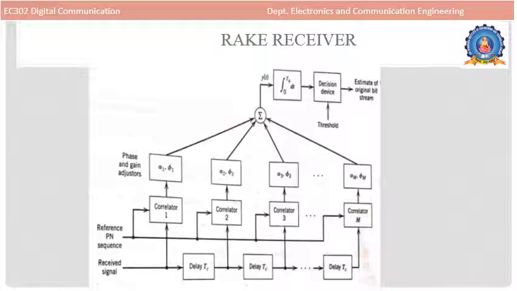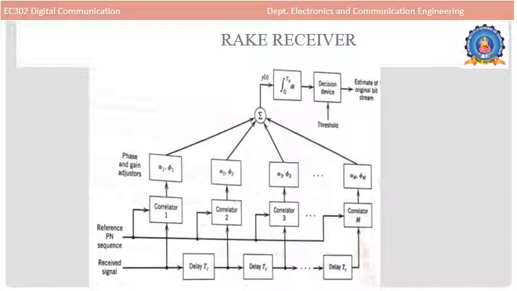The output of the correlators is given to phase and gain adjusters. Each multipath component has a different gain and different phase, and these are adjusted and all the outputs are clubbed together. We sum up all these phase and gain adjusted waveforms, and that is given to a correlation receiver. Here we have the integrator, product integrator and decision device.